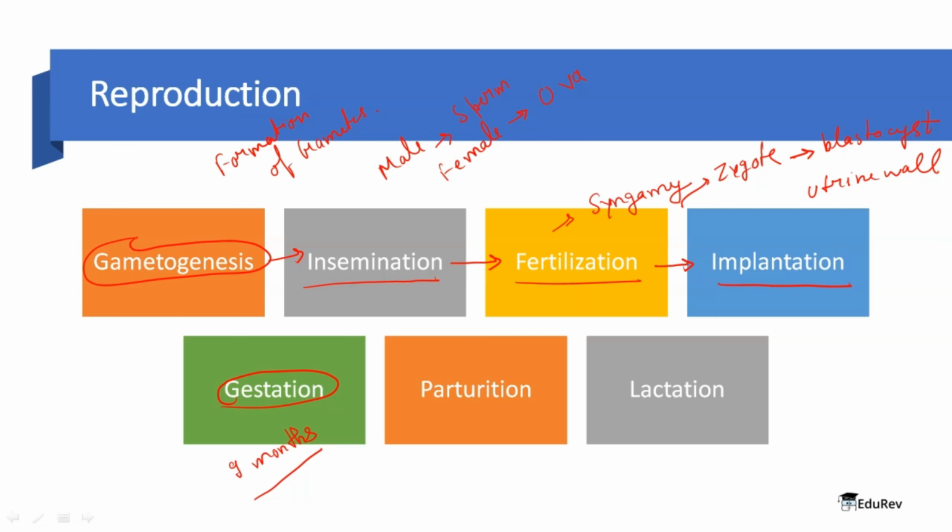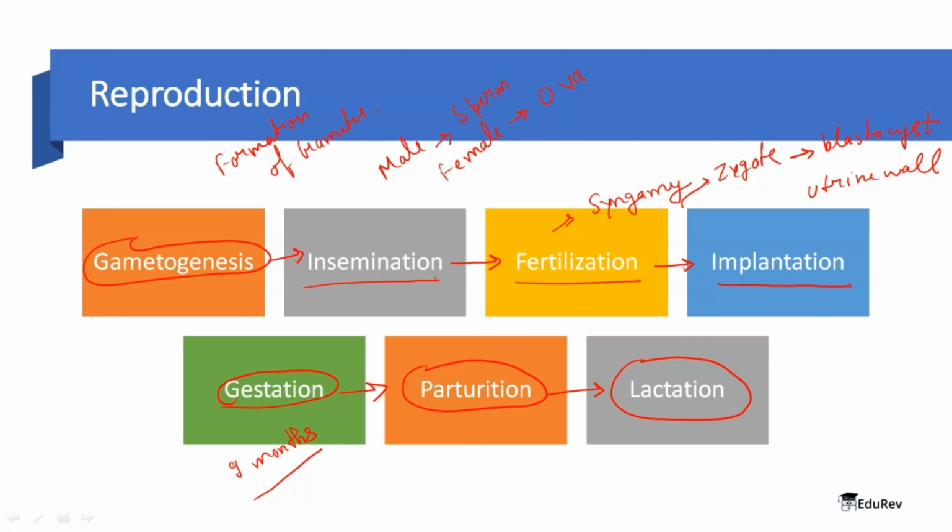After the gestation period of 9 months, the baby is fully developed, and it is time for delivery of the baby. This process is called parturition. After parturition, the baby gets nourishment from the mother through breastfeeding, and this is known as lactation.